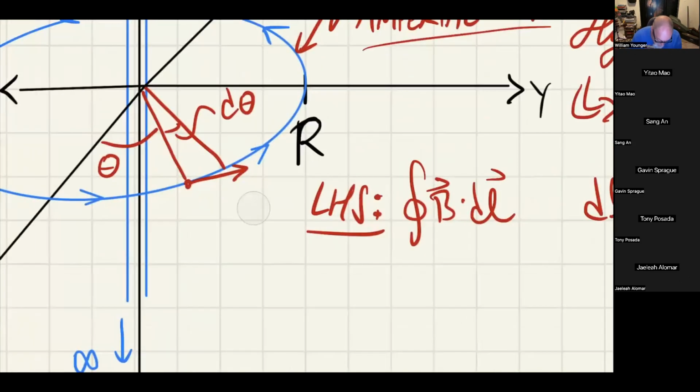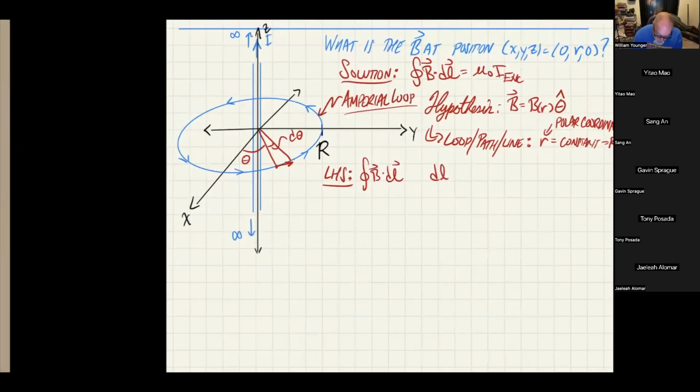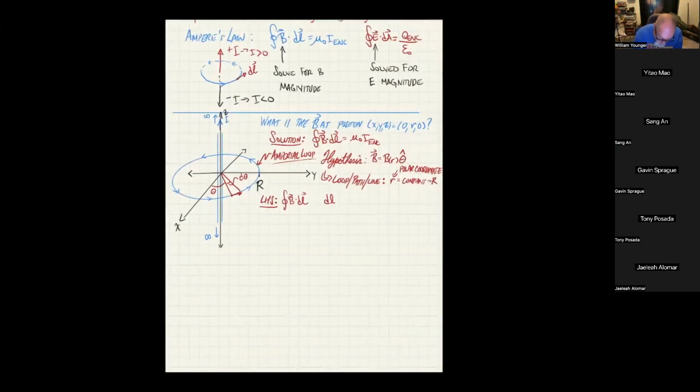Actually, let me zoom in and make it a little more exacting regarding the length of it. Okay, so you can sort of take that chord length and now you can say, well, dl is a vector quantity, so I'll put an L on top of it. And we will say that the arc length around there is actually r times d theta.